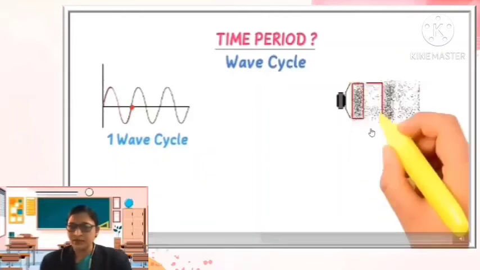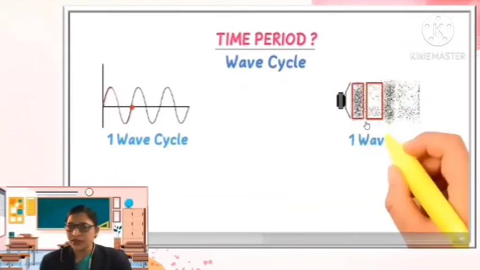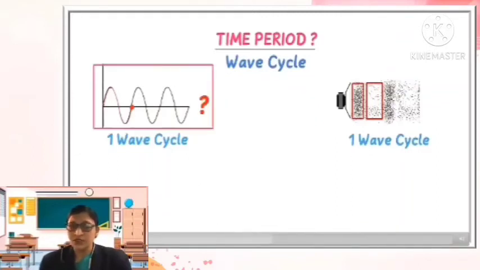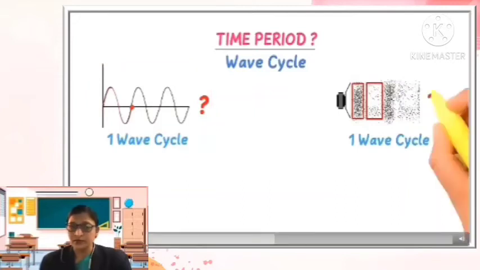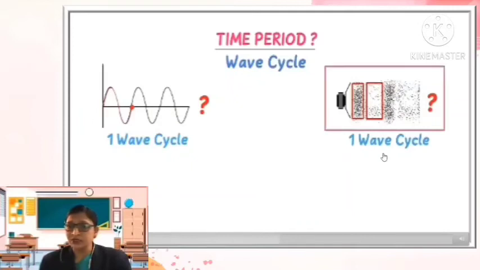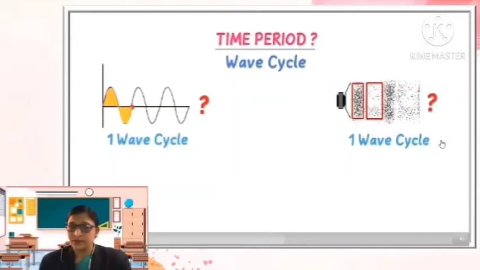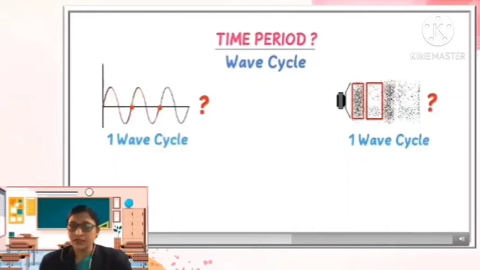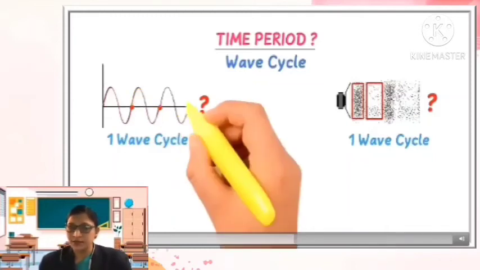While in this case, the compression and rarefaction, this is one complete wave cycle. So the time which is required for completing one complete wave cycle, in both types of waves, transverse as well as longitudinal waves, is nothing but the time period.